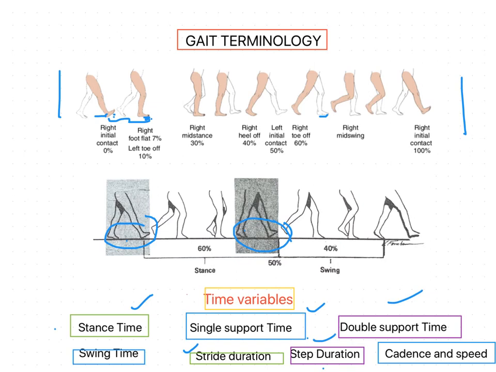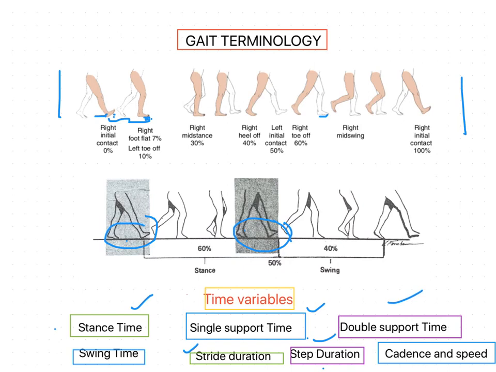Cadence is the number of steps taken by a person per unit of time. It may be measured per second or per minute. A shorter step length will result in increased cadence at any given velocity.